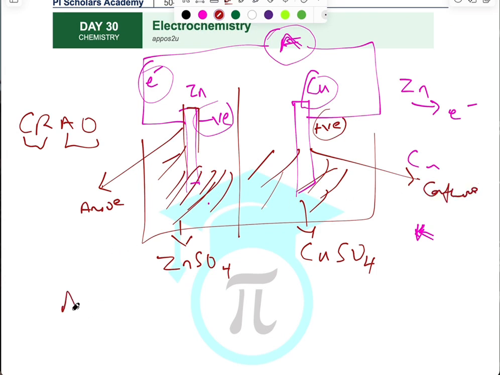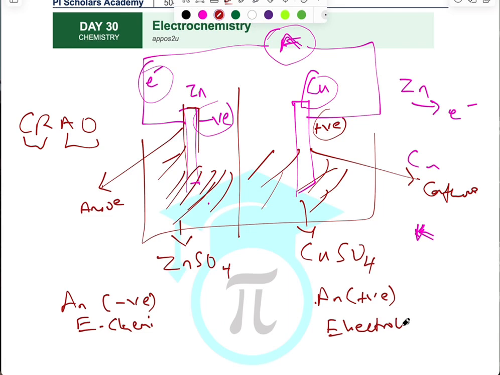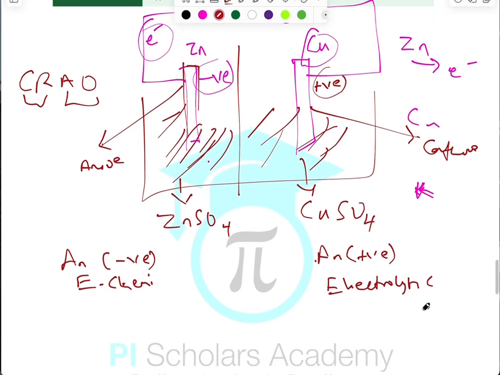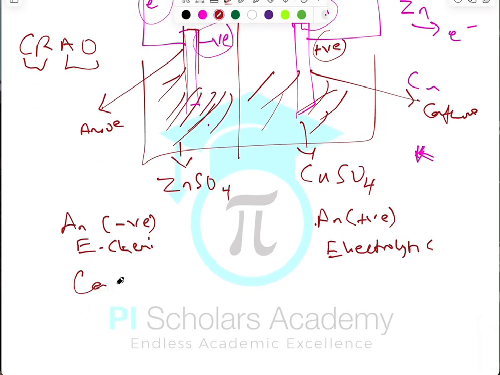So what you notice now is that the anode for the electrochemical cell is actually negative, but when you have the electrolytic cell, the anode is positive. And in the case of the cathode, for this electrochemical cell, the cathode is the positive one, but in the electrolytic cell the cathode is the negative one.